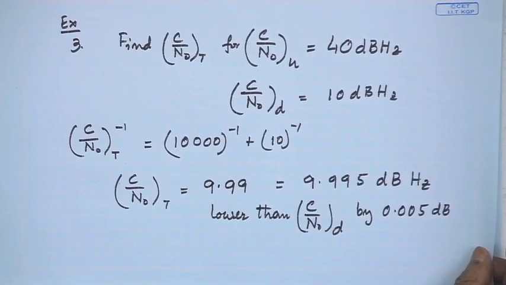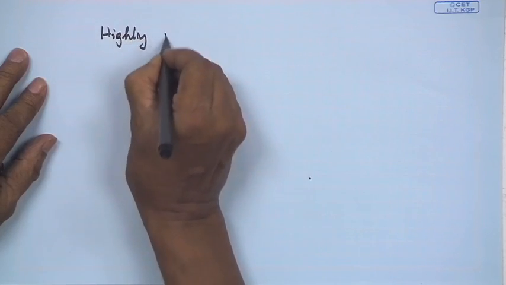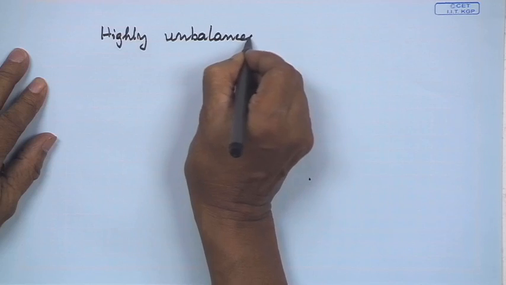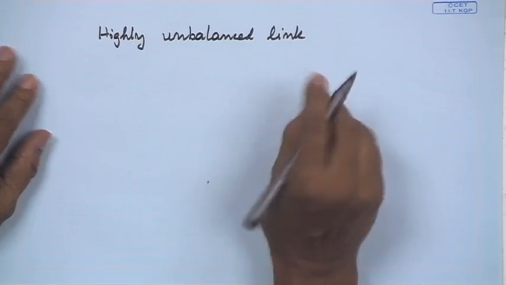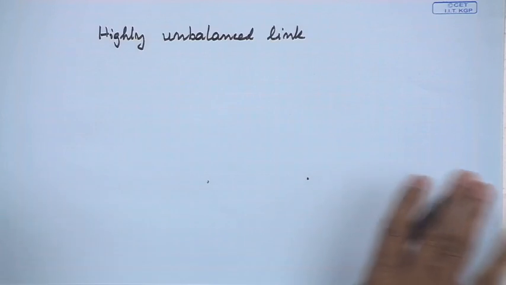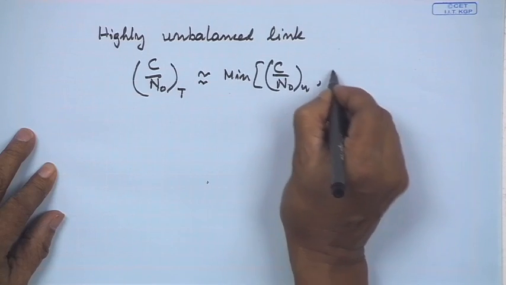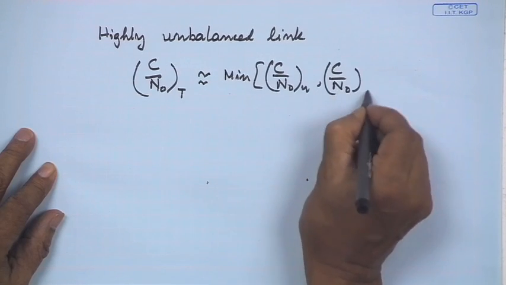So, that shows that in a highly unbalanced link, where uplink and downlink C by N naught vary by 1000 times, 10,000 times or more, then C by N naught total will be approximately equal to the minimum value of C by N0 up and C by N0 down.